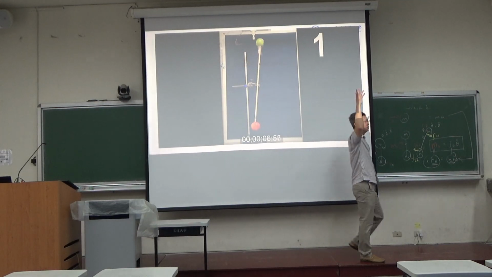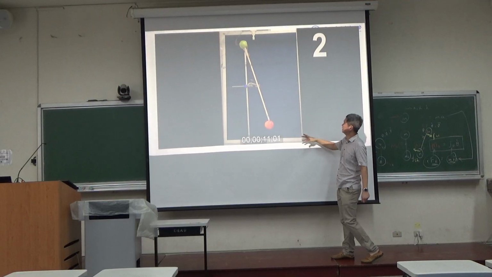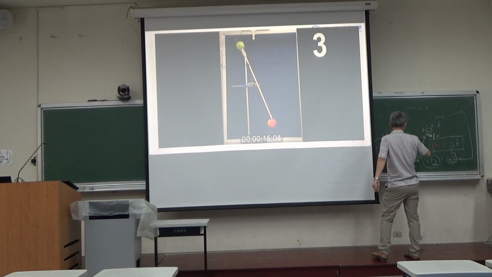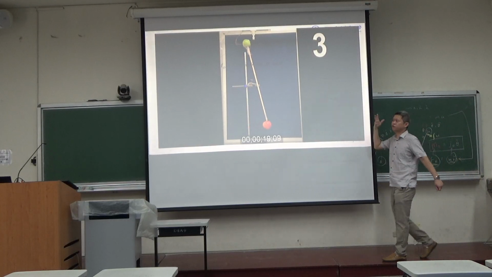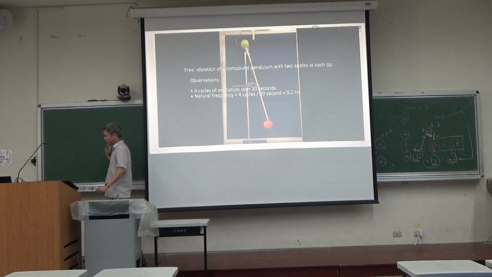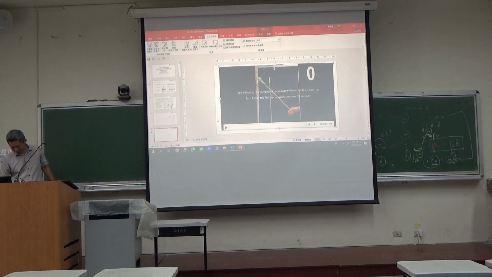This one is subjected to vertical gravity, so they are oscillating. But in this one I'm just applying a pure moment. I just want to account for the angular rotation under the constant moment. So with this, I come to the analysis.